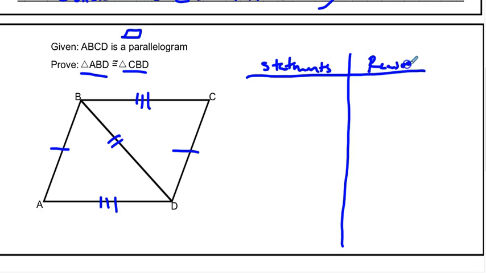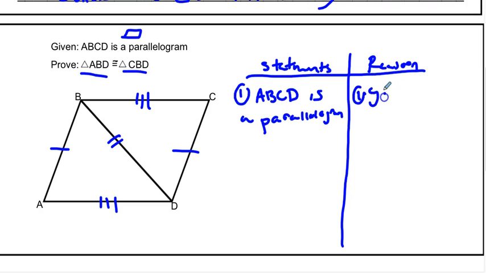Our only given here was that ABCD is a parallelogram. And that's a given. And now based on that, I was able to say, 1, that AB was congruent to CD.